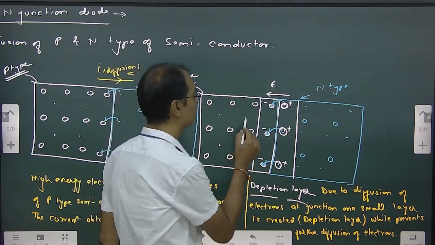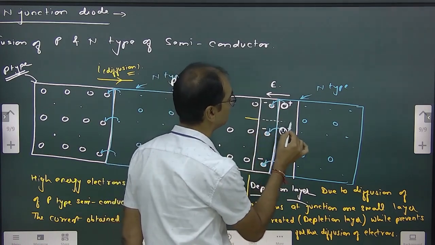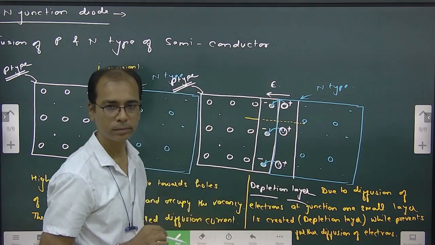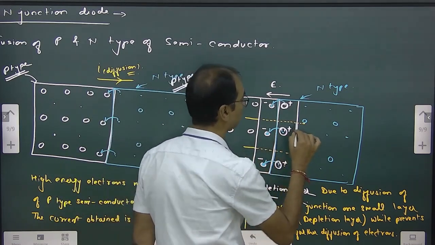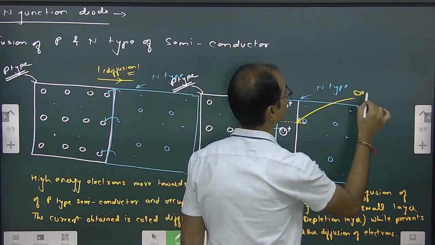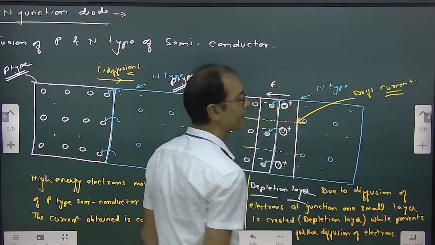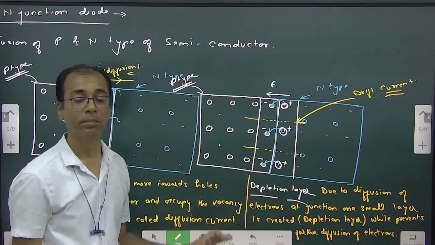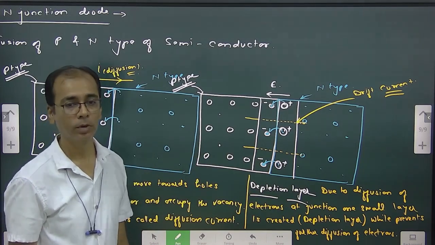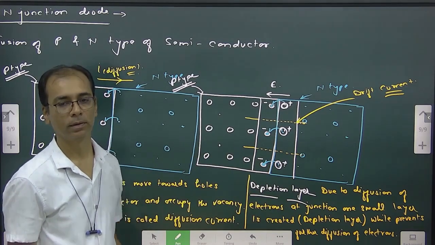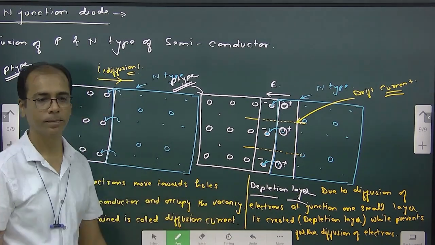Because the electric field is in this direction, so this electron definitely can pass through this. This is called drift current, when minority charge carriers are able to pass through this depletion layer. There was diffusion; this is drift. First you note all what I have written, then I will tell you more.